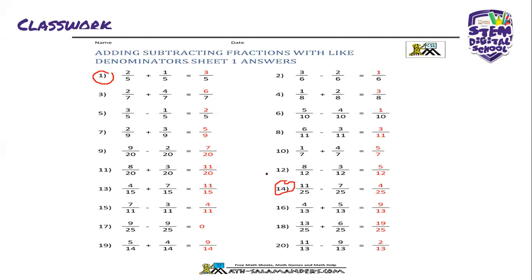All right. Awesome. Actually what we wanted was 11 over 25 minus 7 over 25 is 4 over 25.